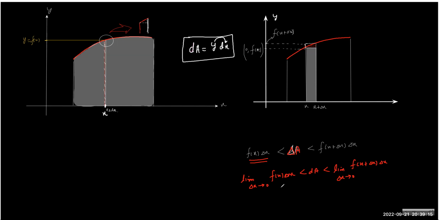If delta x tends to 0, if it is really small, the LHS becomes f(x) dx. Even the RHS also becomes f(x) dx, because delta x tends to 0, right? Compared to x, delta x is so small that we can ignore it. A function which is more than this and less than this, what does it mean? The dA must be... A number which is more than 1 and less than 1 means it is wrong. It must be the number itself. We generally put in equality. So dA we can write as only f(x) dx.